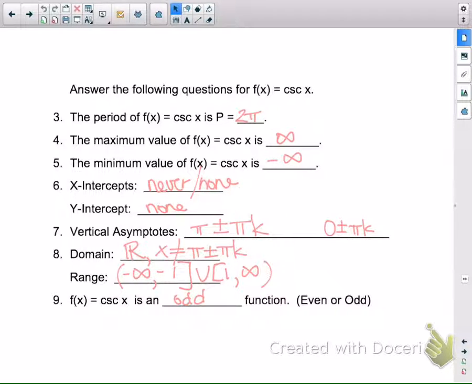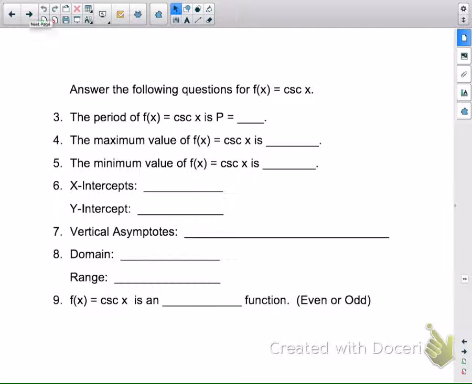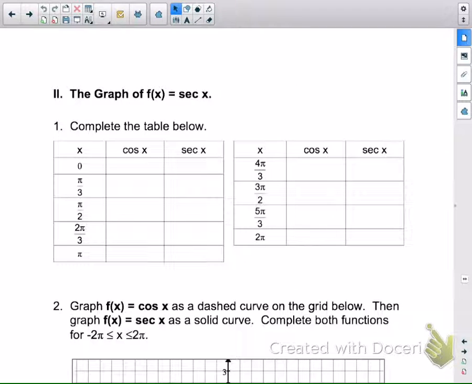Now, I'm going to go quickly through the next two because once you know this one, the next one goes quicker even. So we said sine was the reciprocal of cosecant. So in this case, since we're doing secant, we're thinking about our cosine table. So again, going through my cosine values quickly from what we did last class.